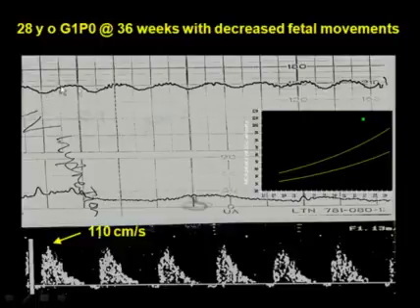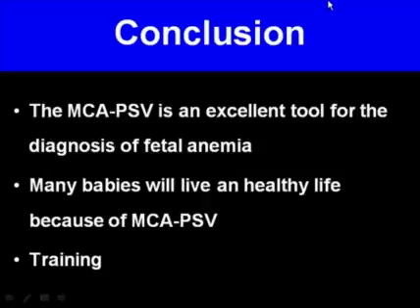Here you can see the typical sinusoidal pattern, but we also looked at the middle cerebral artery peak systolic velocity, and the value was 110 centimeters per second, well above 1.50 MoM. The patient was delivered by C-section. The hematocrit was 7%. The baby was transfused and did well.